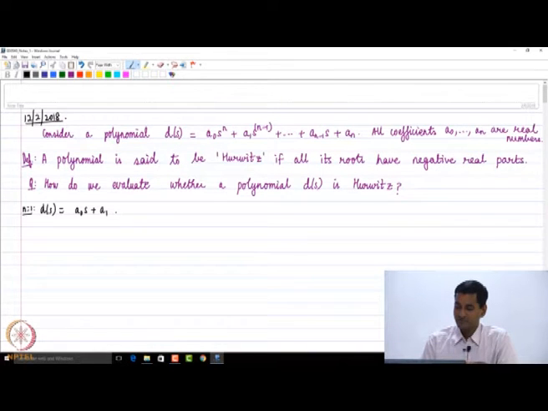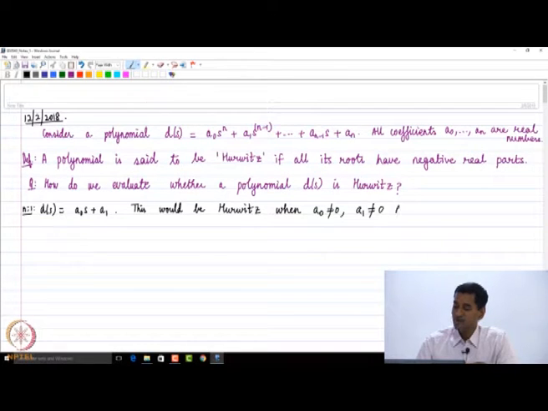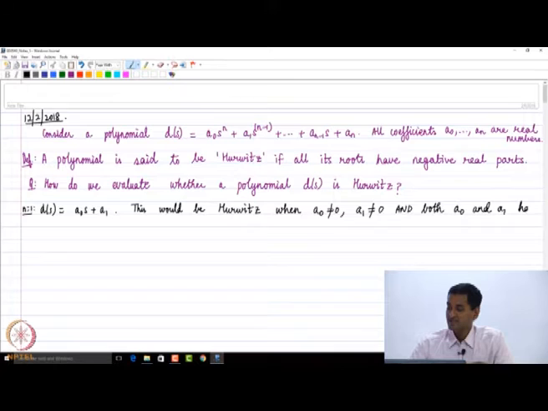You see that this would be Hurwitz when a naught is not equal to 0, a1 is not equal to 0, and both a naught and a1 have the same sign.